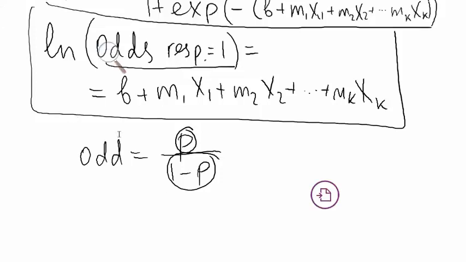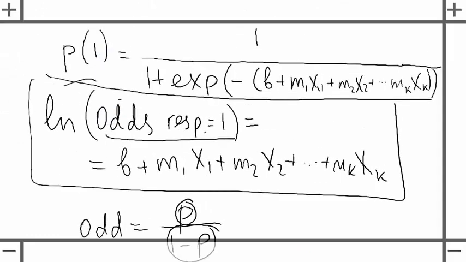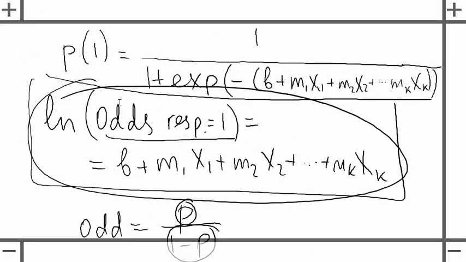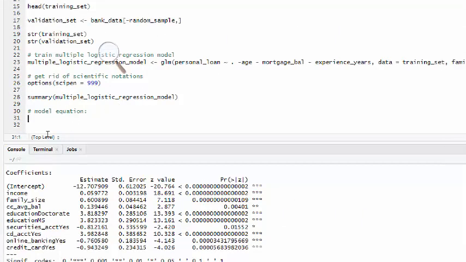So I'm going to use this specific form in order to write down my equation. All right. So model equation: natural log, ln, of odds of 1, odds that the customer will agree to a loan, right? So intercept, first thing. Let me keep like 2 decimals, okay?